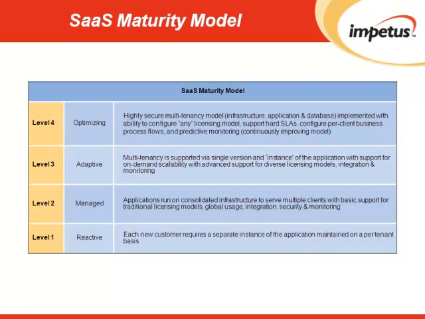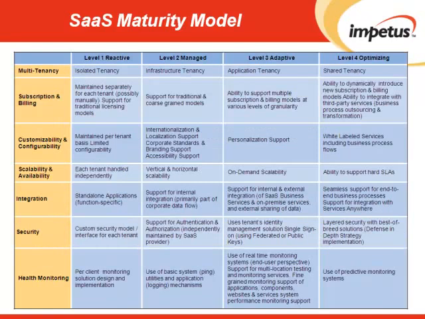Now let's have a broader look at the maturity model. As discussed, there are 4 levels in our proposed maturity model that mark the increasing levels of sophistication of a SaaS product offering. At the lower rung, a SaaS application may not be a pure SaaS application because it's not implementing multi-tenancy in its purest form. Here, we are also being reactive to each new customer we acquire. This is the base level.